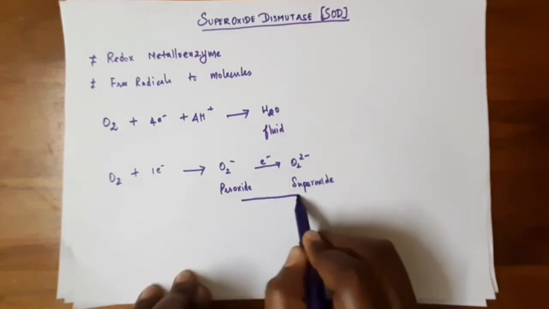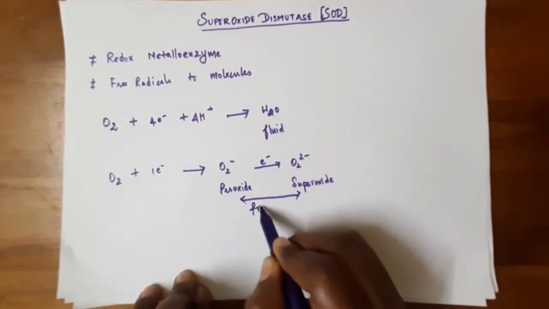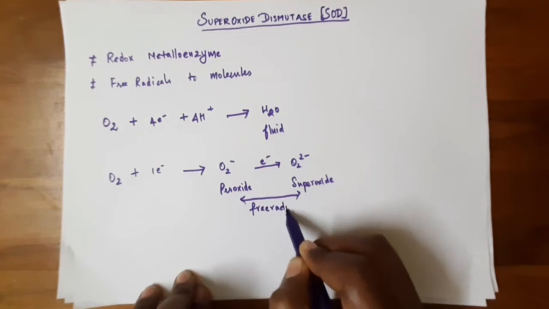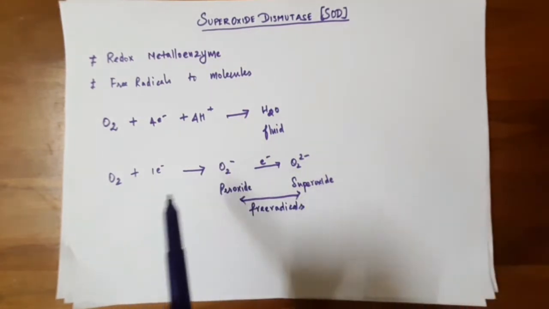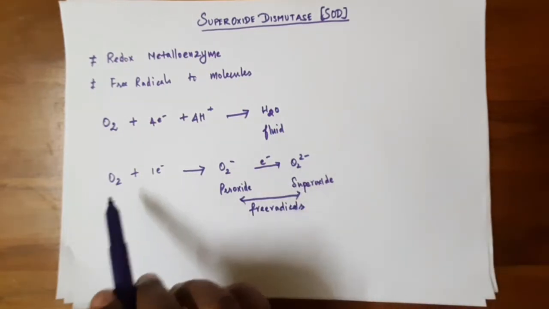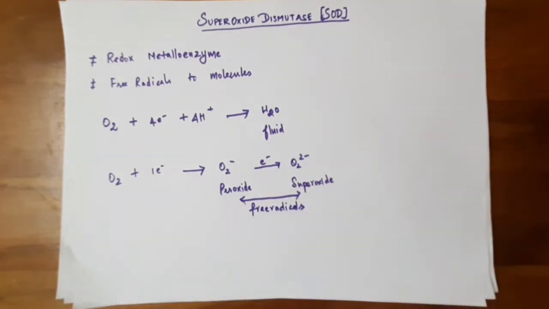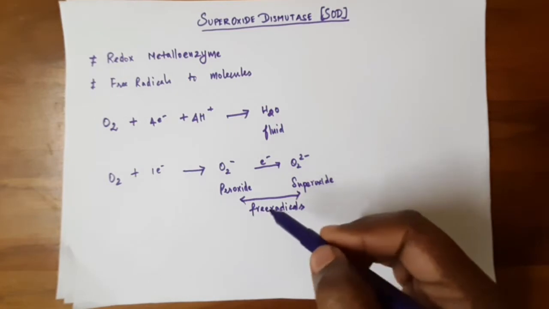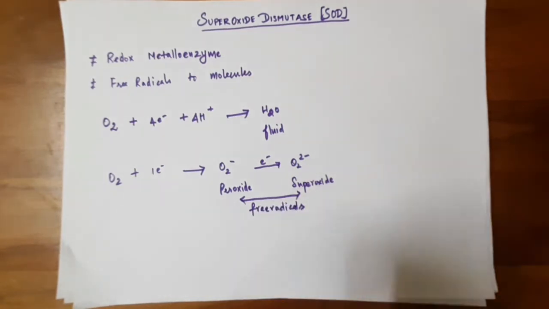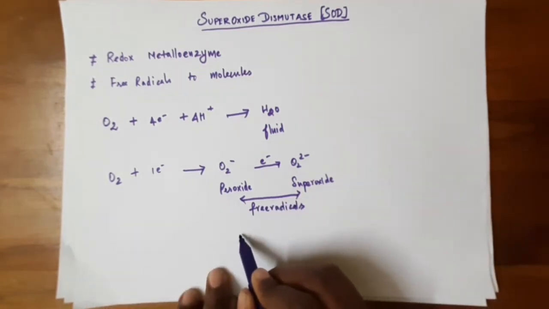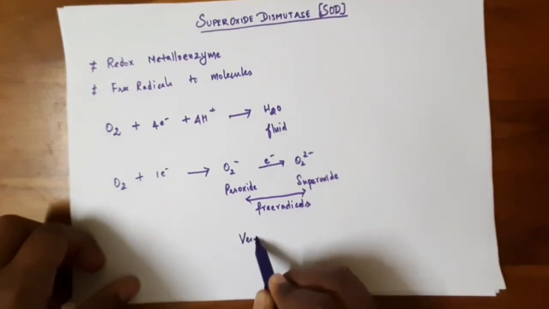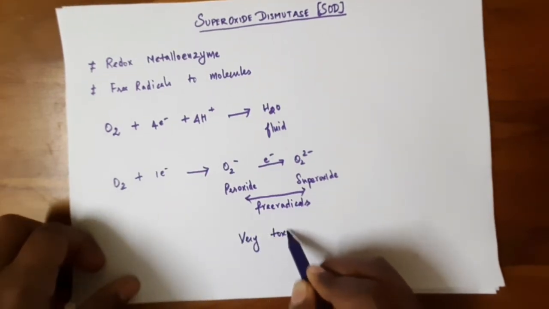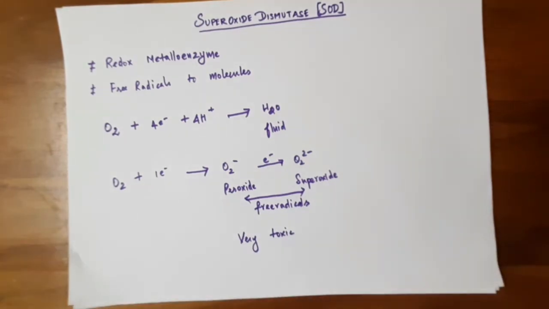These free radicals are formed during the oxygen metabolic reaction, and these free radicals, peroxide and superoxide, are very dangerous and toxic to the living system.